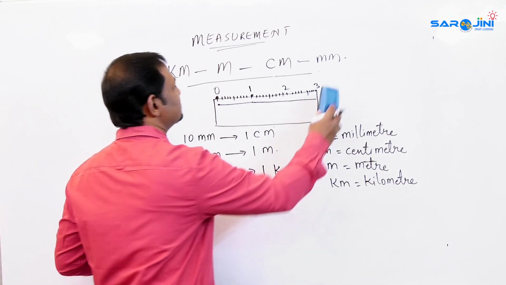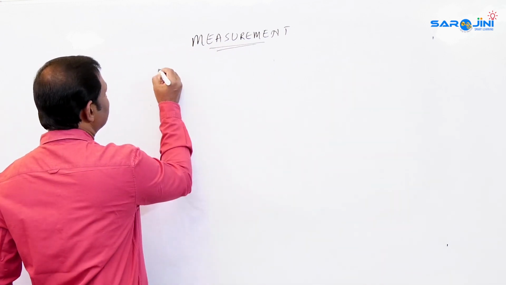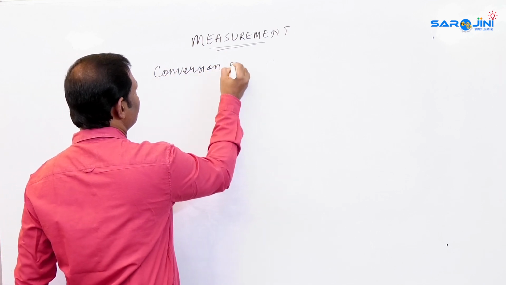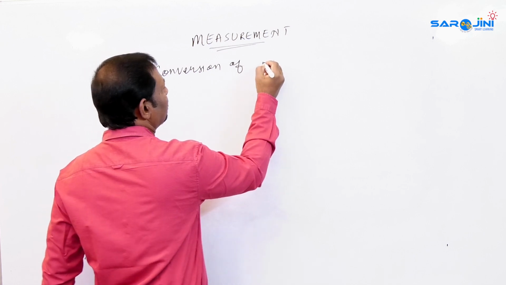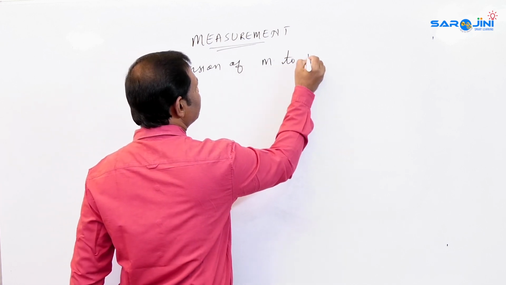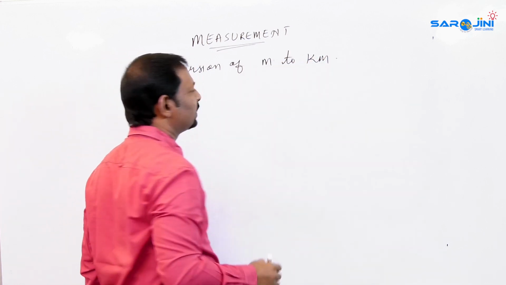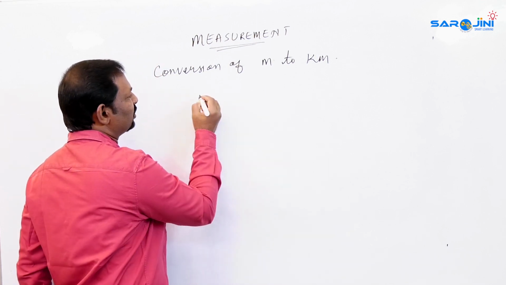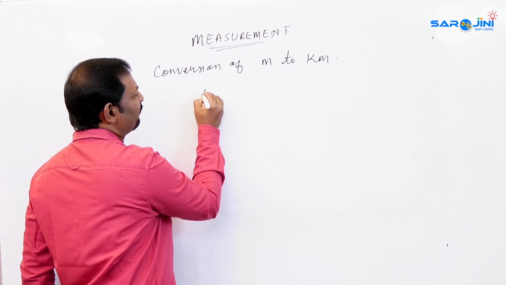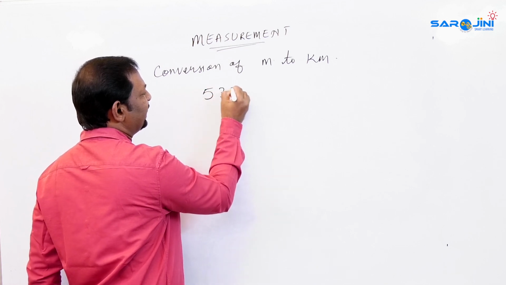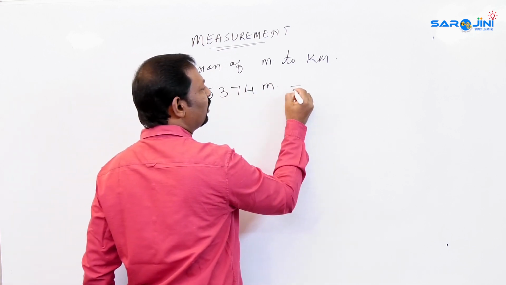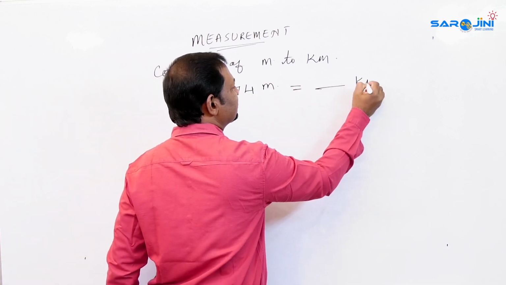Okay? Next. Now we are going to do conversion of meters to kilometers. Suppose we have 5,374 meters and you want to convert into kilometers.